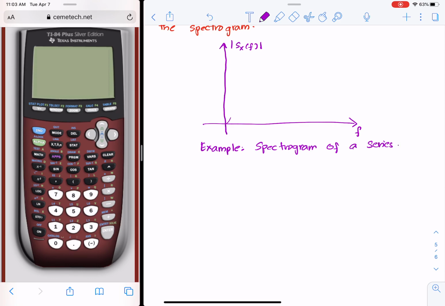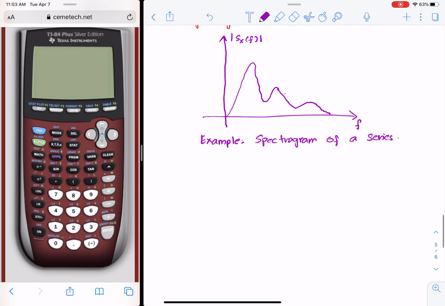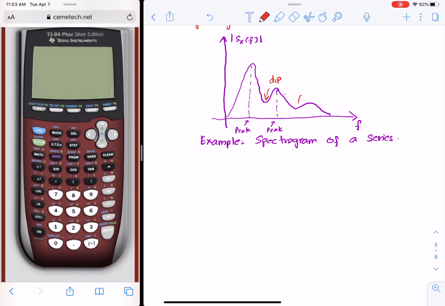And we end up seeing something like this. So there is a peak there, a peak there, and there is a dip and a dip.